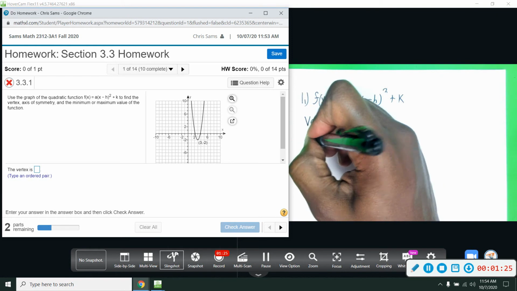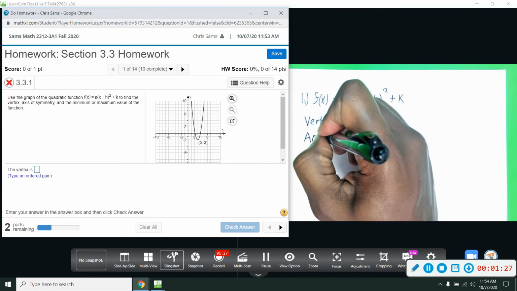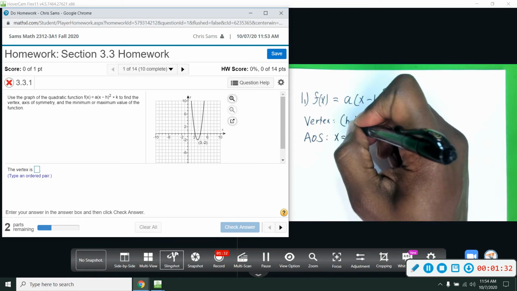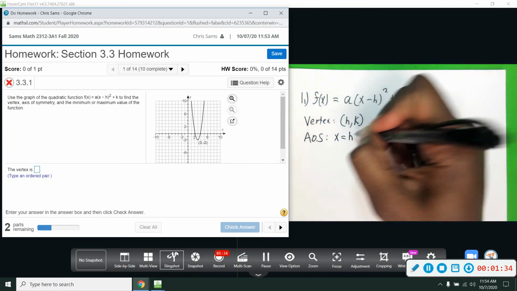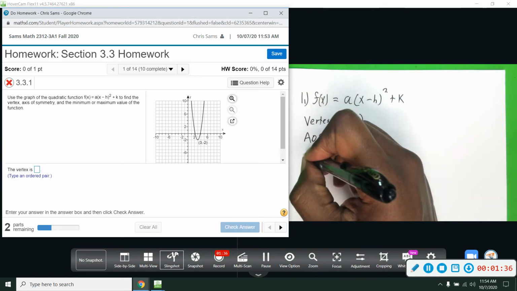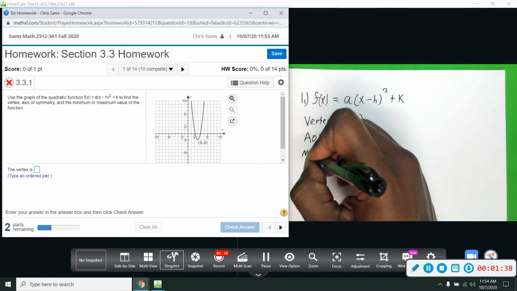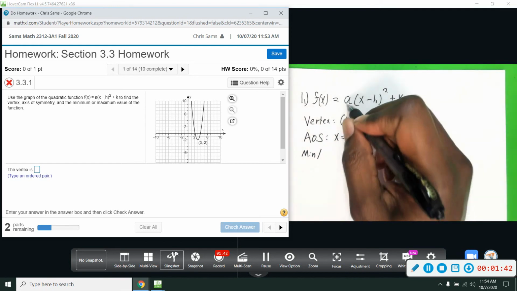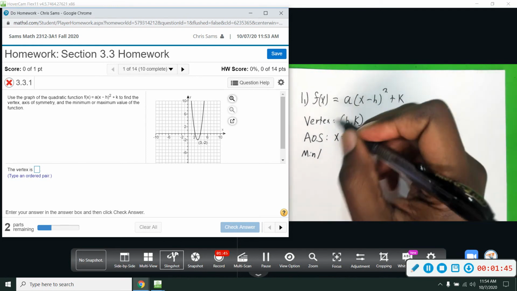The axis of symmetry, which I'm going to abbreviate AOS, is going to be the equation x equals whatever the h coordinate is. The min or max will be determined by the a value, or the term in front of x squared.